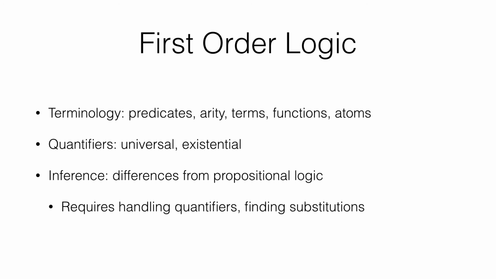So we can do things very similarly to how we did them in propositional logic, like with forward chaining, but the key is that we have to explicitly reason about how we substitute constants for the variables in universally quantified formulas. So we'll go over these and we'll talk about other examples and other variations in class.